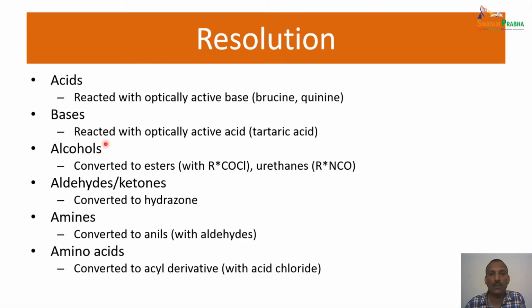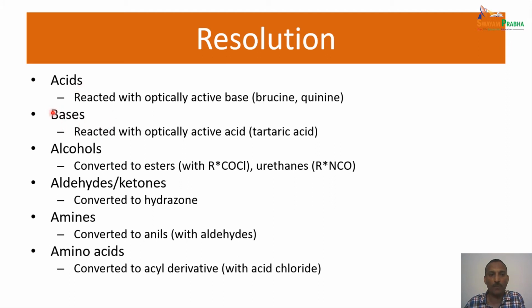Now we have some examples given here. If the starting material is an acid, it can be reacted with an optically active base like brucine, quinine. Optically active bases can be used, and that acid-base reaction leads to diastereomer formation, and the diastereomers can be separated, and from that the pure enantiomers can be regenerated.